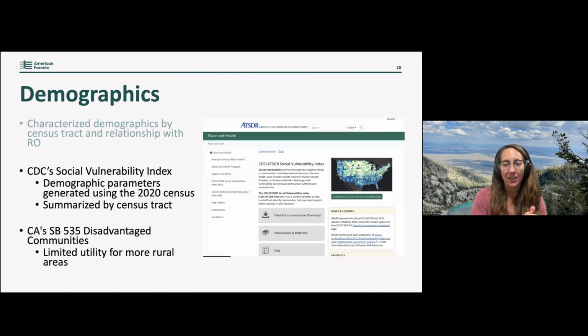And then for objectives 2 and 3, we started thinking a little bit more about demographics and where those capacity opportunities and constraints are. So the first thing we looked at was demographics. We looked at census tracts that overlap with where we have reforestation opportunity across those non-industrial parcels, and really started to look at the relationship between the amount of acres that are a reforestation opportunity and what some of those demographic characteristics look like.